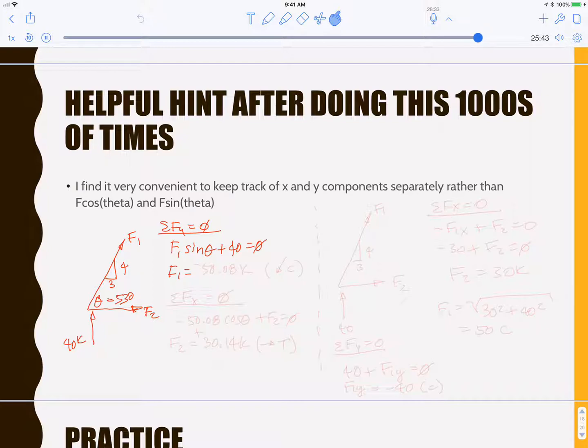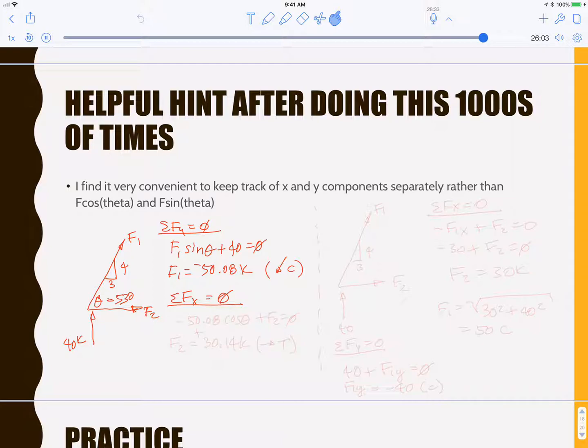40 divided by sine of 53 degrees is 50.08 kips, and now we're ready to do sum Fx equals 0, and that actually turned out to be negative 50.08, which means it's going that way in compression.